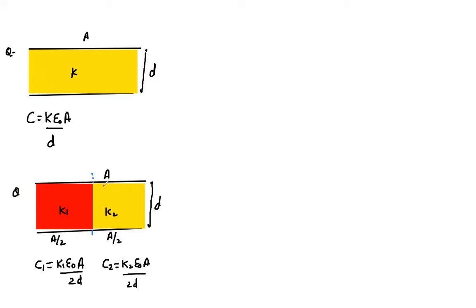To decide whether these two capacitors are connected in series or in parallel, just give charge to each plate. Make one plate positively charged and another negatively charged.